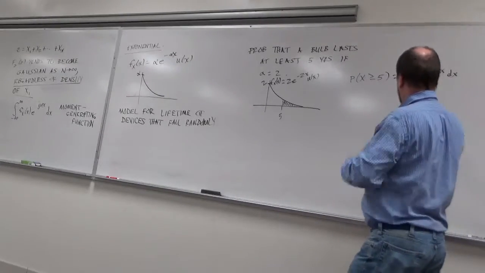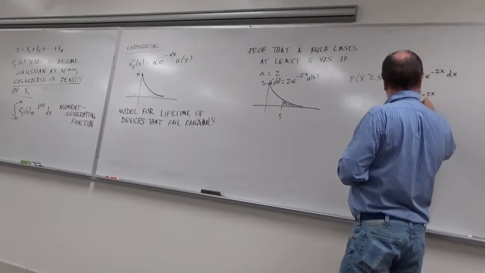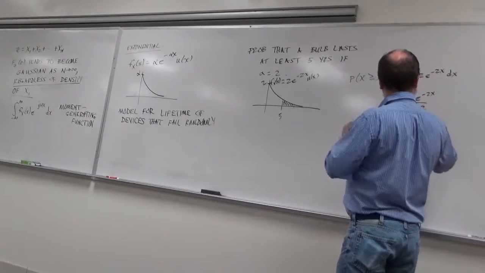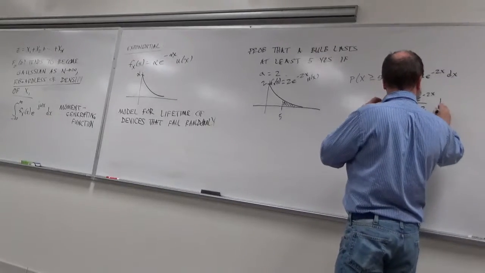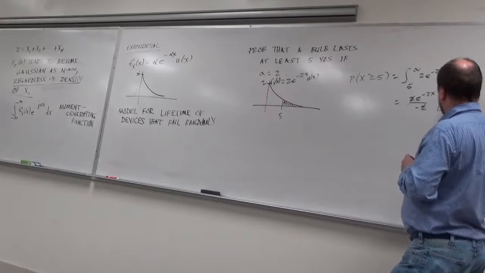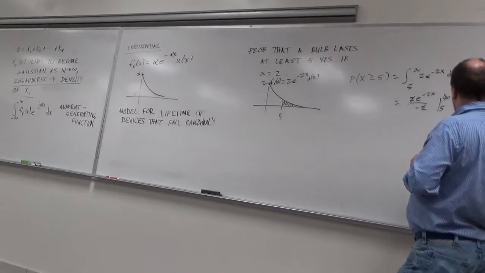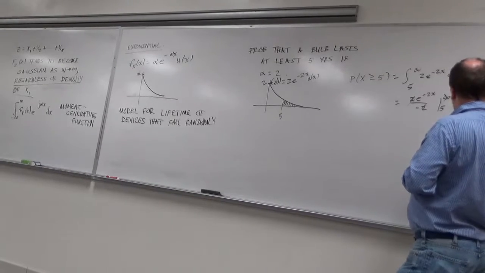And let's just finish it. 2e to the minus 2x over negative 2 from 5 to infinity. The 2's cancel and at infinity it goes to 0. At 5, the negative sign cancels out, and the answer is e to the minus 2 times 5.